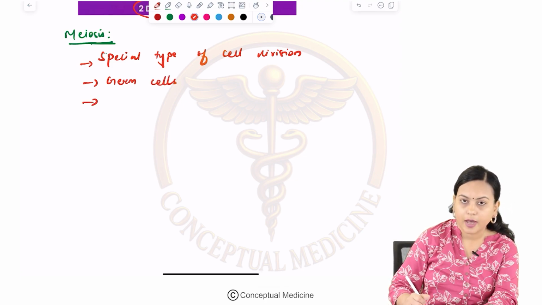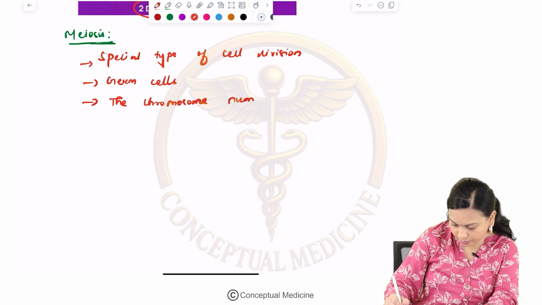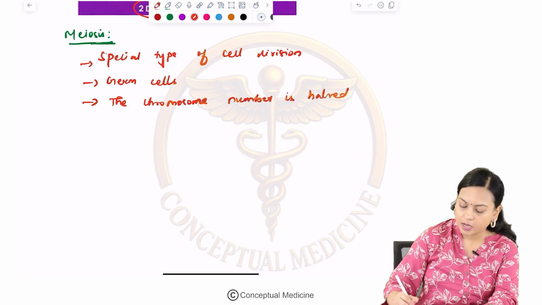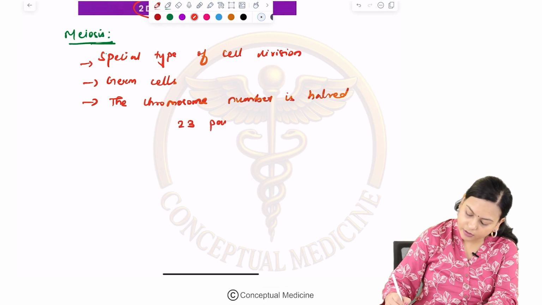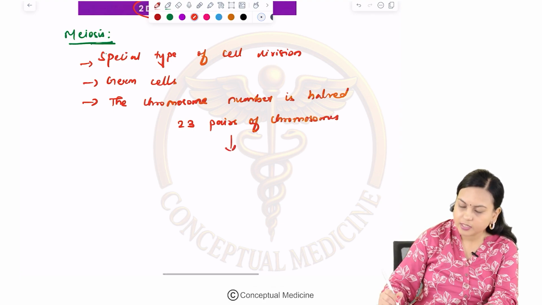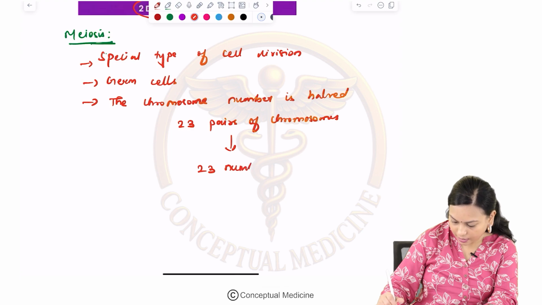What is going to happen here is the chromosome number is halved. That means if you have 23 pairs of chromosomes in the mother cell, this is going to be halved and there are exactly 23 chromosomes in the daughter cell.